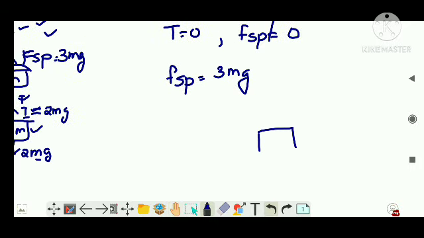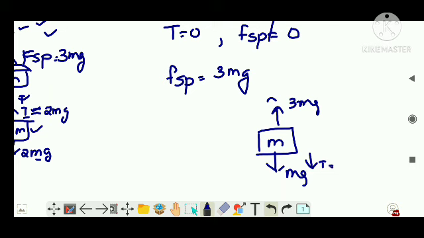We are having the mass m, F_sp upward is 3mg. Then it has mg downward, and that had tension, but that tension is now 0 because there is nothing to hold it from the below section.